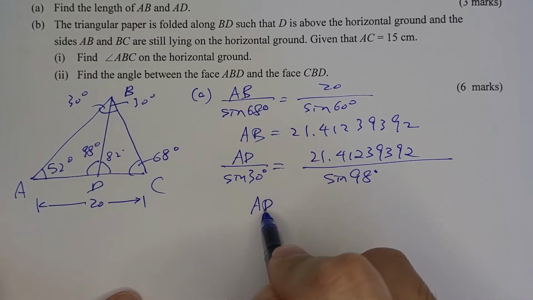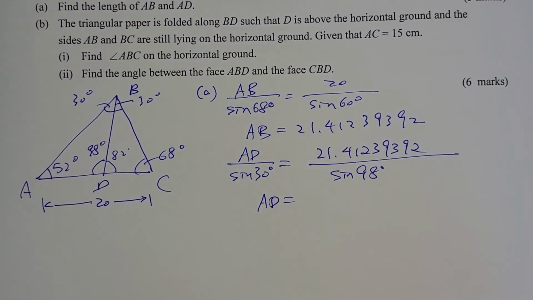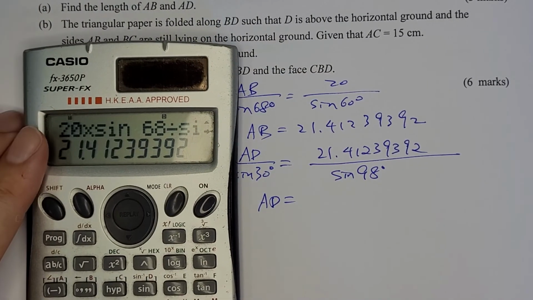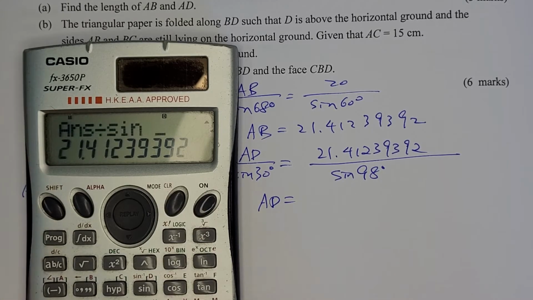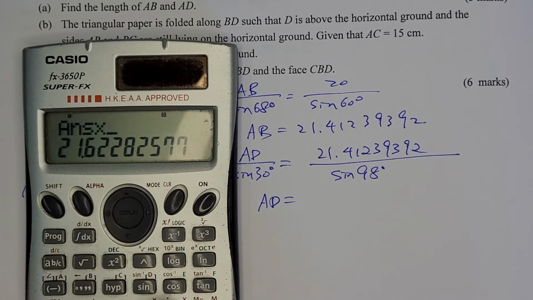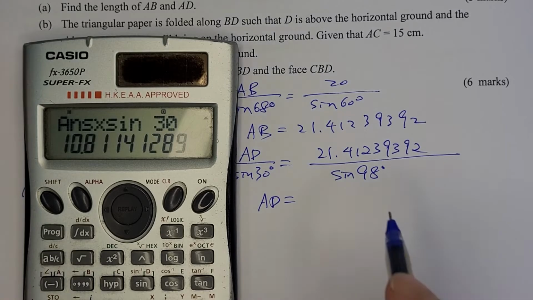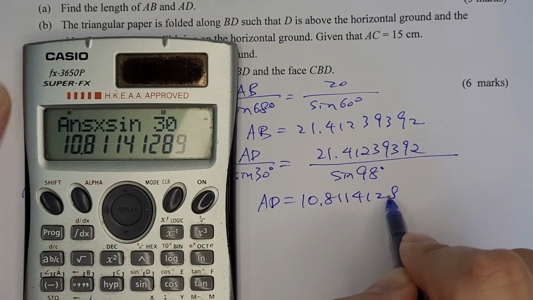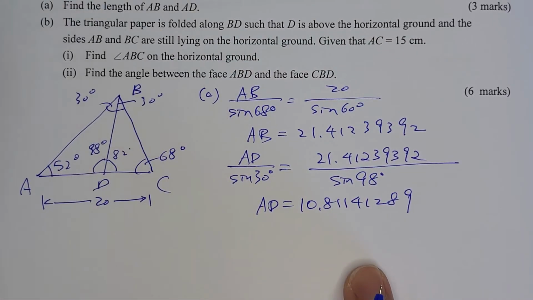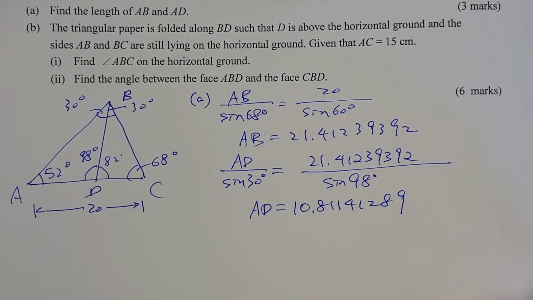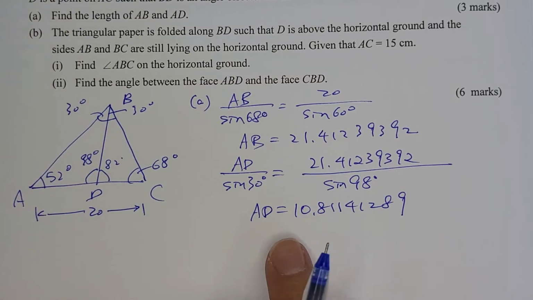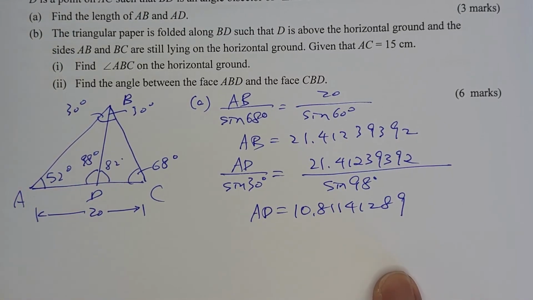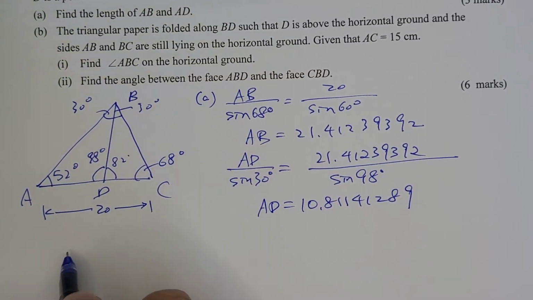So you can find AD. This answer divided by sine 98 degrees times sine 30 degrees. So that's 10.811411289. For the final answer, you need to correct to 3 significant figures, but in the calculation, you need to write down all numbers, okay? So that's finished part A.